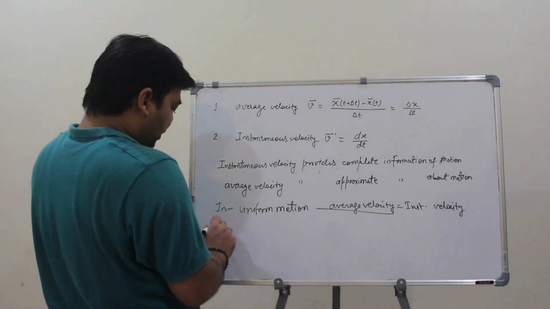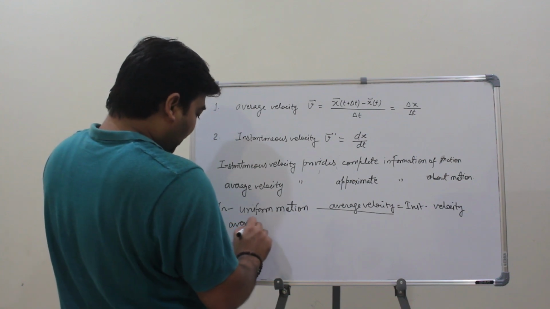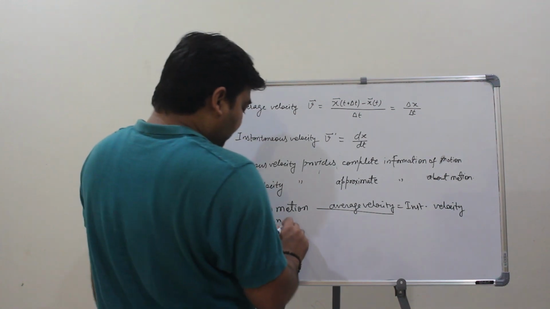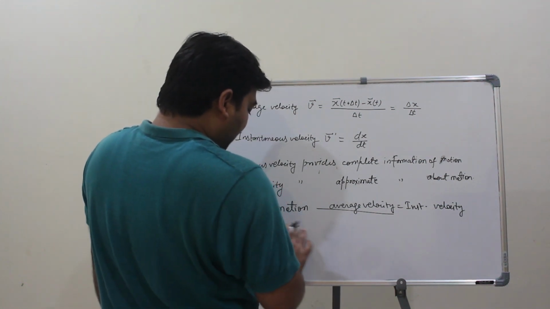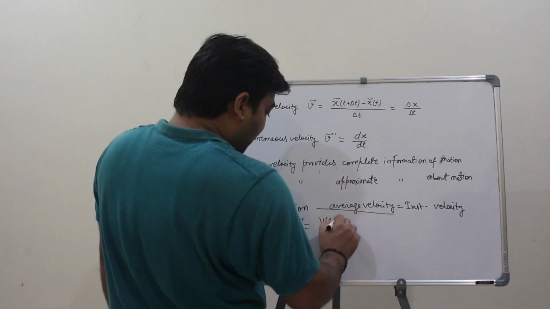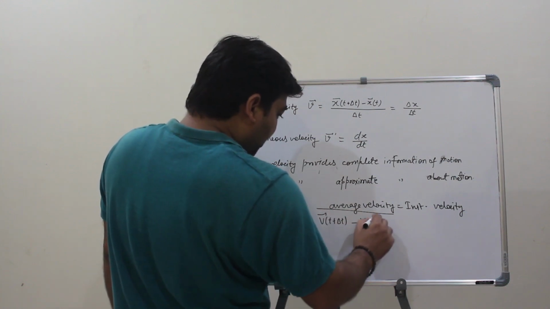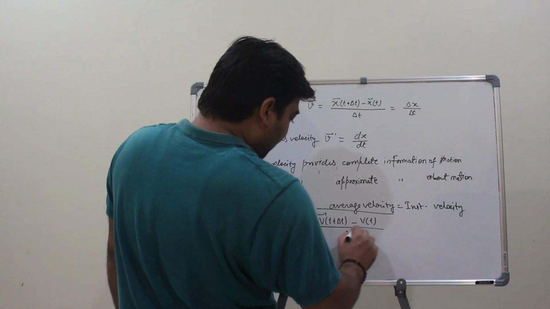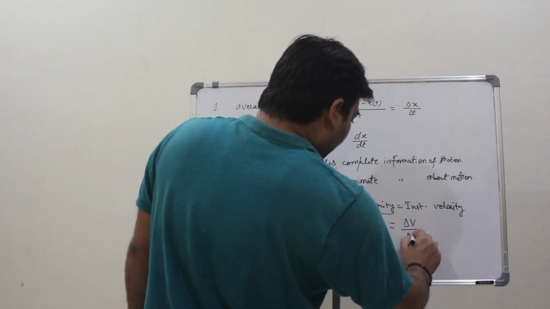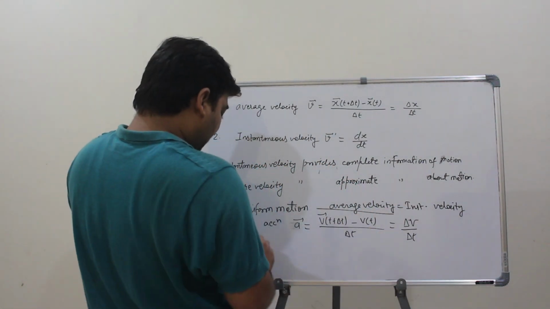Similarly, average acceleration is defined as a is v at t plus delta t minus v at t divided by delta t. If you write it, it is delta v by delta t. So this is what we call the average acceleration.